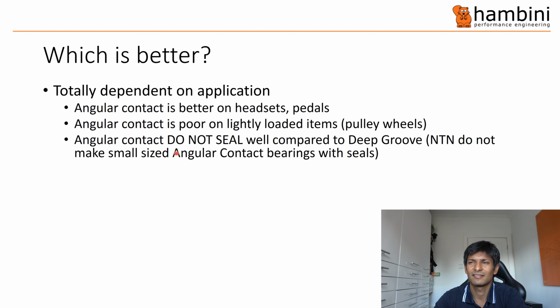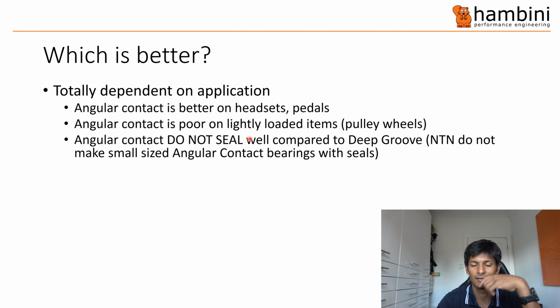One thing that the angular contact bearings have is quite poor sealing. They don't seal well because there's a lot more movement in them. So you'll gain in the sense that they have a higher load rating, but then you'll lose because you will have to service them more. And just a bit of an aside there, I've put NTN do not make small sized angular contact bearings with seals for that very reason.